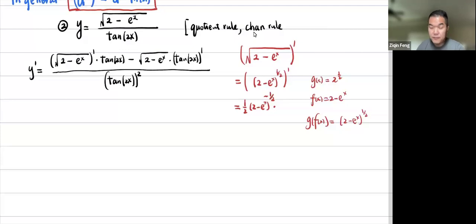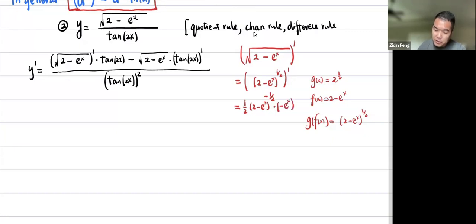For f, you can apply the difference rule on 2 minus e to the x. 2 prime is 0, e to the x prime is e to the x, so you get negative e to the x.